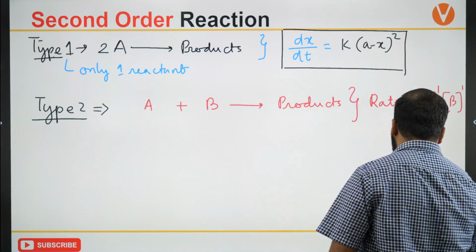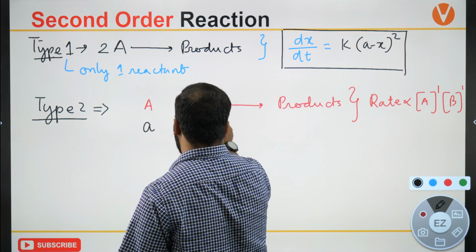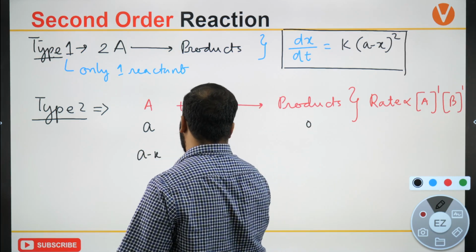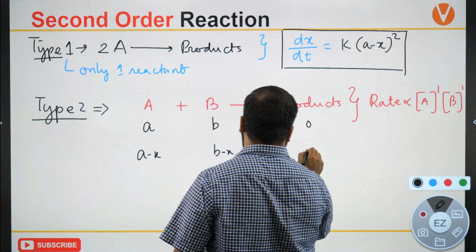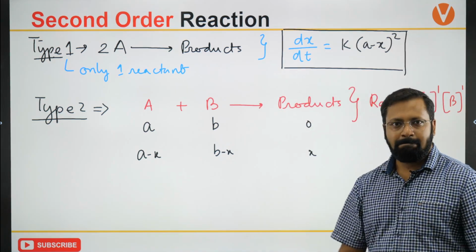So for type 2, won't I write this as, let's say initial concentration is A, this is B and this is 0. This will become a minus x, this will become b minus x, this will become x. Won't I write this?